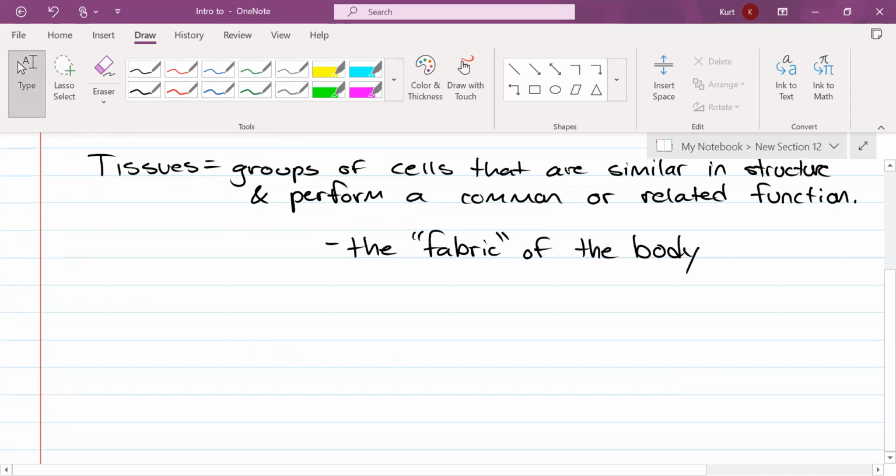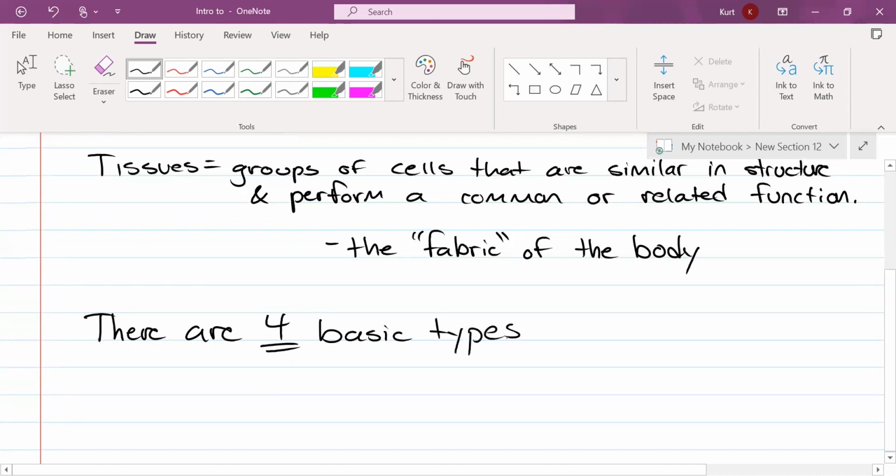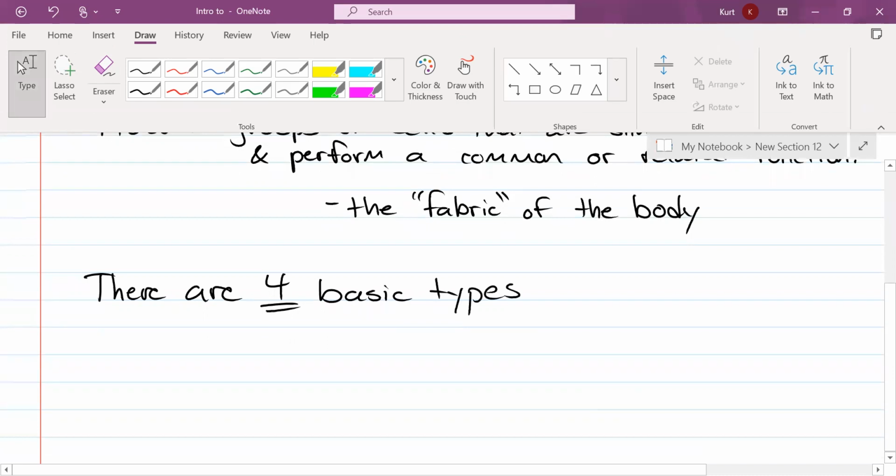There are a grand total of 4 basic types of tissue. Do you remember how many organ systems there are? 11. So we have 11 organ systems, but there's only 4 basic tissue types. The first one that we're going to start on Monday is epithelial tissue.